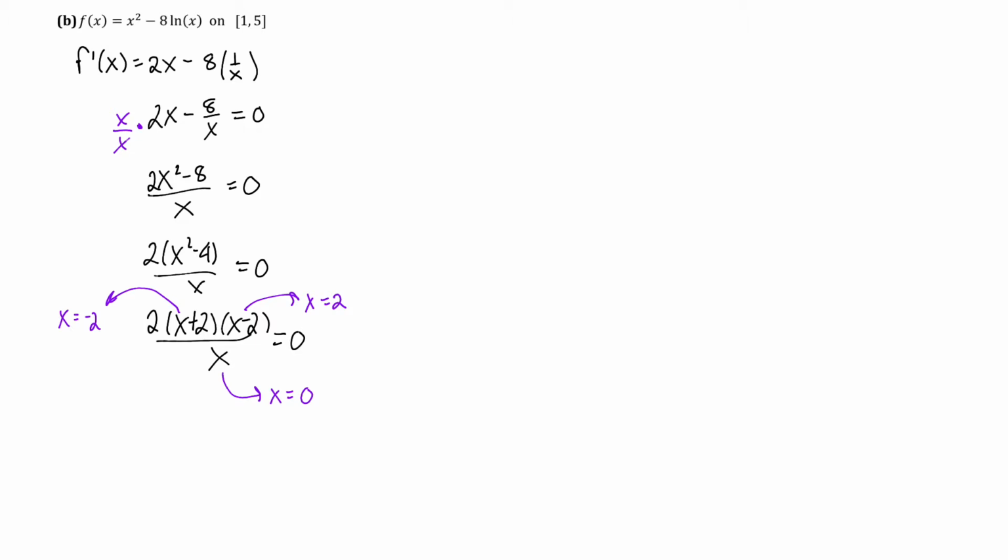So in the interval 1 to 5, we would throw out negative 2, and we throw out 0 because he's not in 1 to 5. These would get thrown away anyway because they don't work in the original function. And then we'll put in the endpoints and x equals 2 and see what we get.